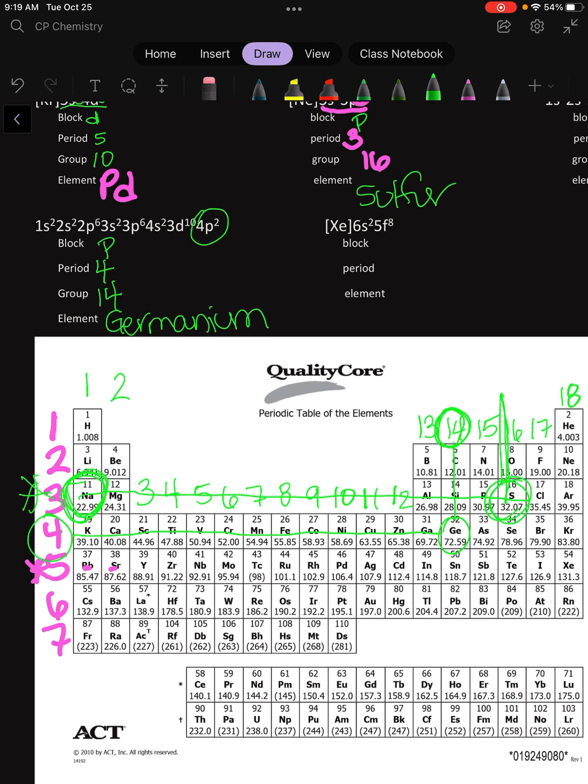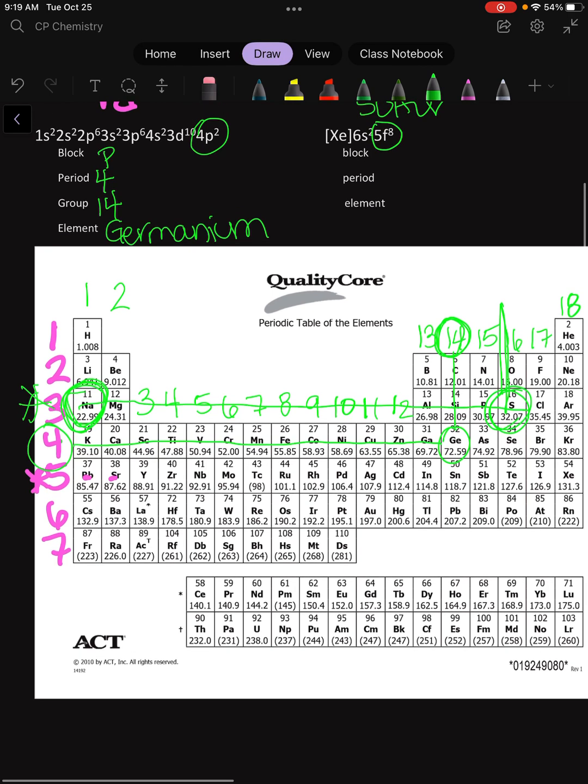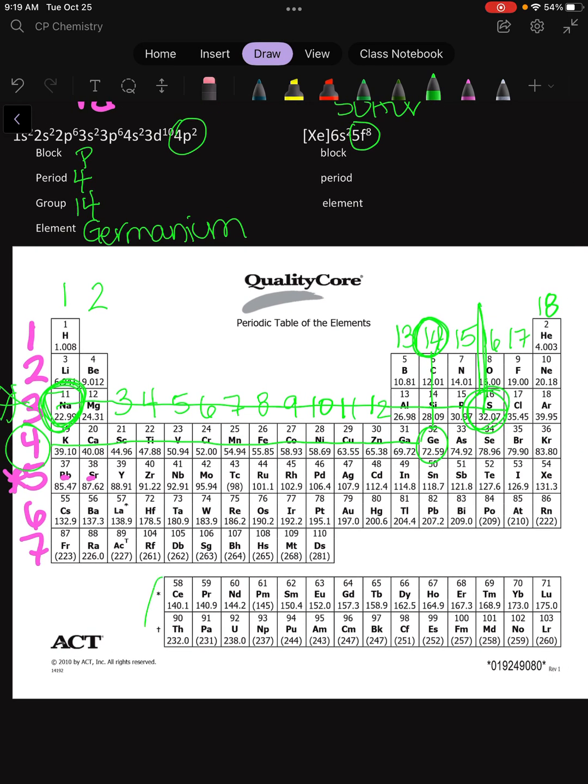All right, and the last one, 5f8. Remember the F block actually fits in right here. So this is period 6 and 7. The block we know is F. The period is 2 more than the coefficient. The coefficient in front of F is always going to be 2 less than the period. You can look at the S that's in front of it. It is in period 6.